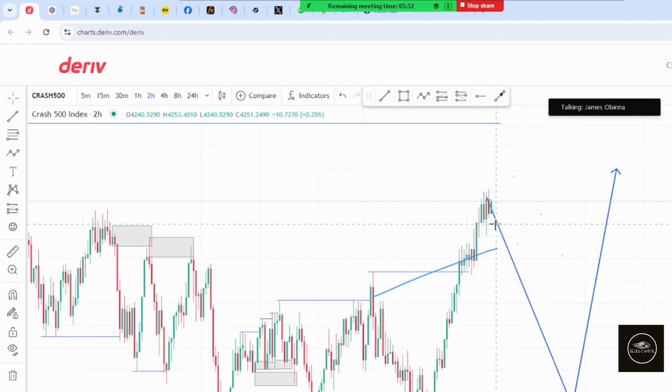I always look for the extreme zones before placing any trade. Sometimes markets start from the middle, retracing to the middle before continuation, but I prefer the discount and premium zones, the extreme zones, because they have higher probability.